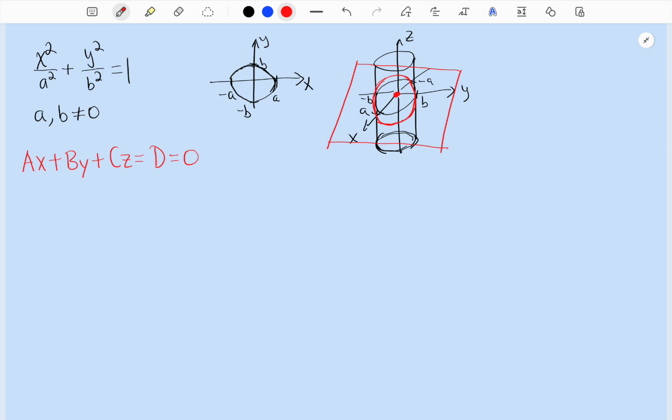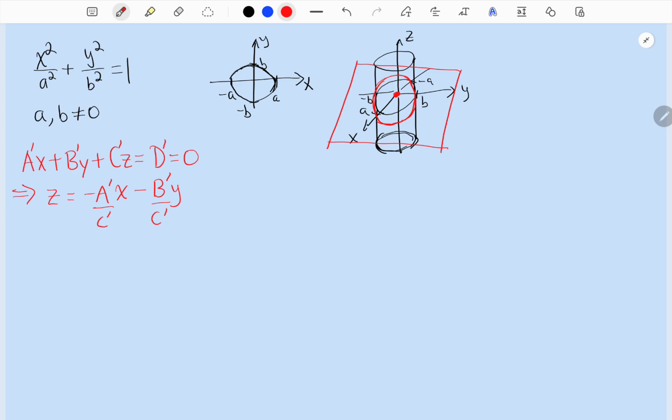Now I want to rearrange for z. I get z is equal to, actually I'm going to call these primes for now, because I'll use capital A and capital B later. It doesn't matter what you call them, because they're just letters for constants. So z is going to equal minus a prime x minus b prime y, but we're dividing by c prime, so divide by c prime here as well.